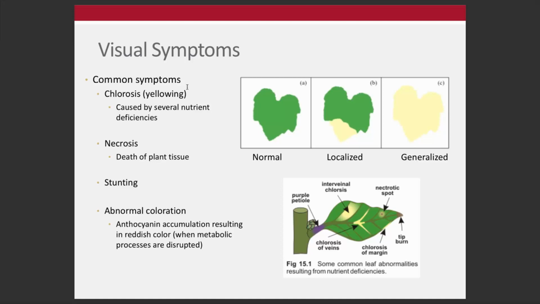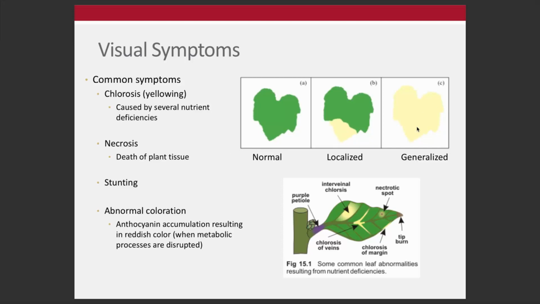Okay, stunting can happen, of course, and just a general lack of vigor, lack of size of a quote-unquote normal plant part, and then a number of abnormal colorations that happen. These different colorations can be localized, that is one specific part.